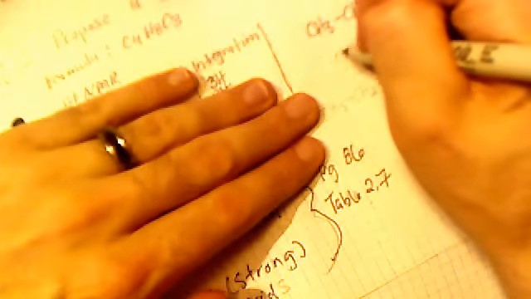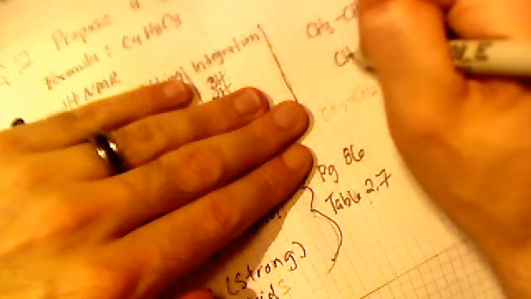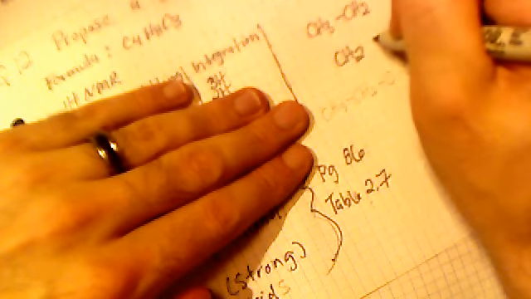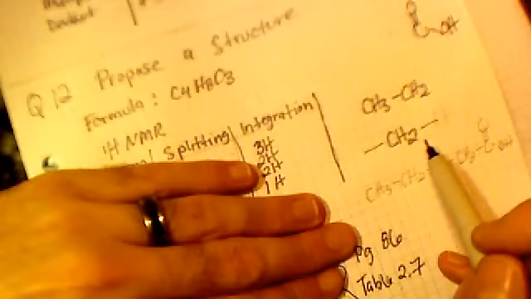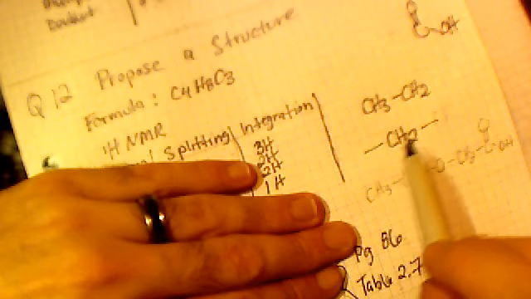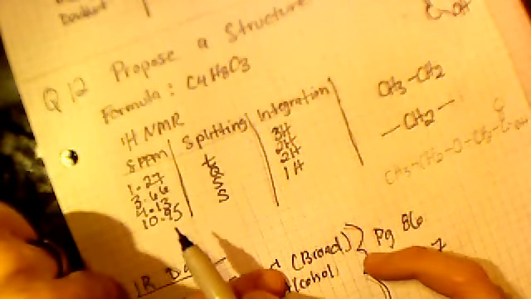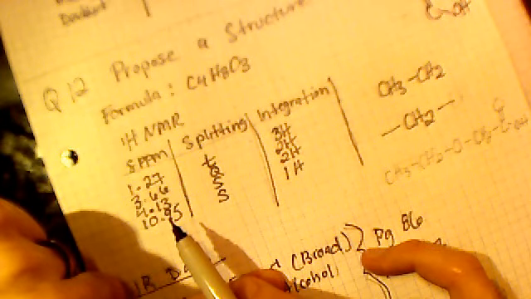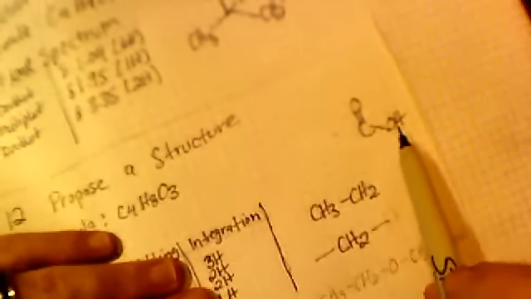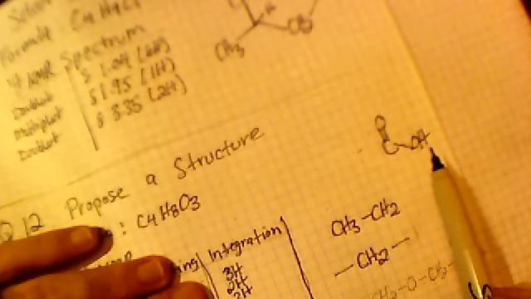So I wrote, okay, there's a CH2 that's not near anything. There's a CH2 somewhere that looks like this, and then there's 1 hydrogen that's all the way downfield next to oxygens, and it's a singlet. That would be the hydrogen attached to my carboxylic acid.